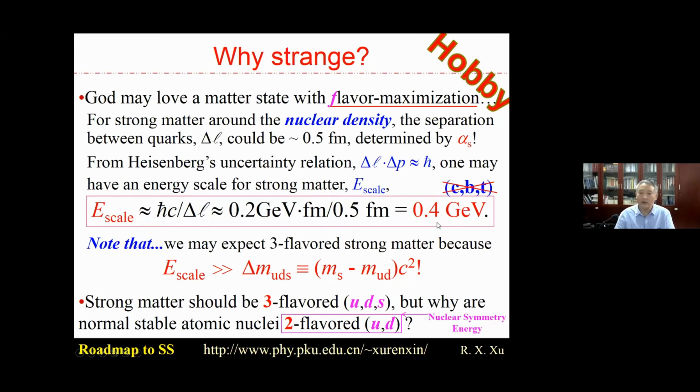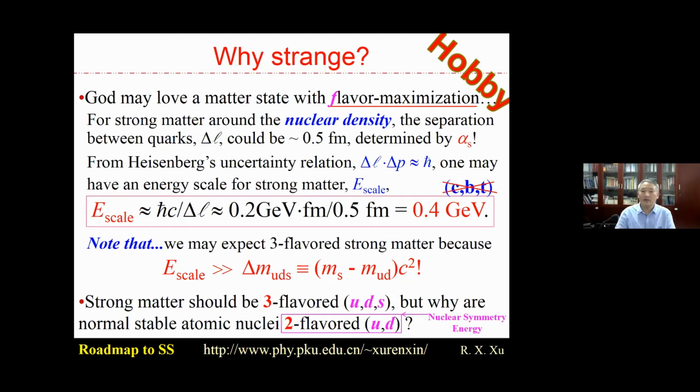It's around 0.5 or 0.4 GeV. For heavy flavor quarks, charm, bottom, or top quarks, the rest mass is higher than 1 GeV. So in this case, heavy flavor quarks could be forbidden.